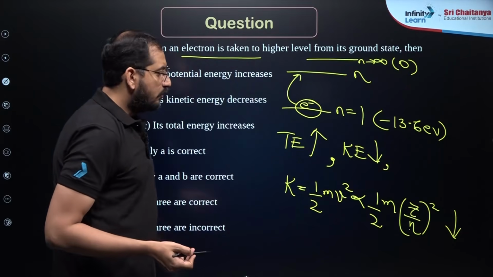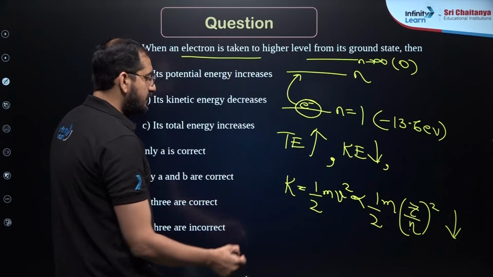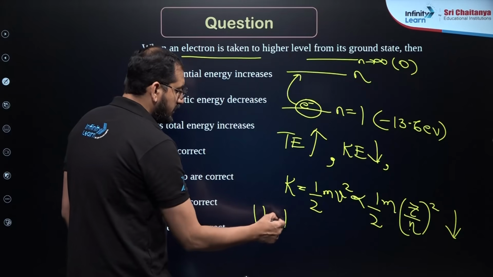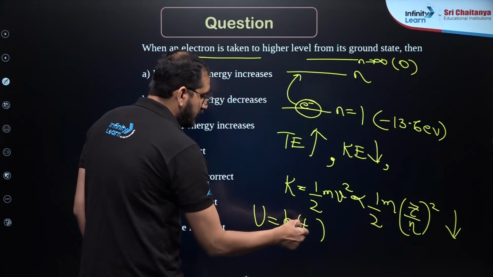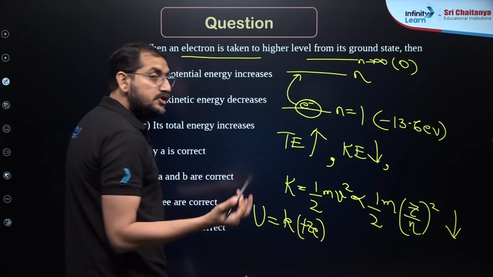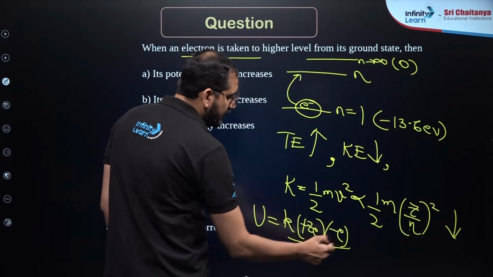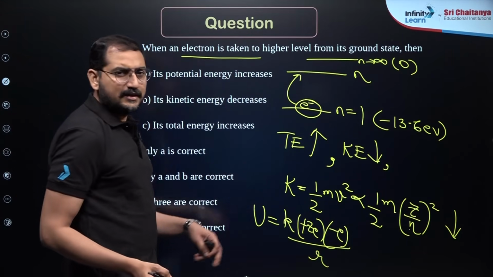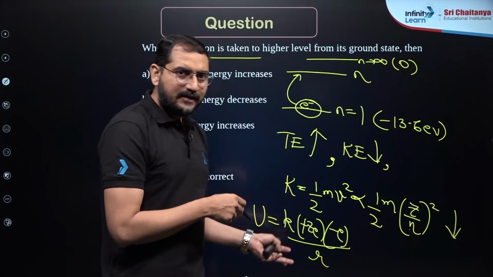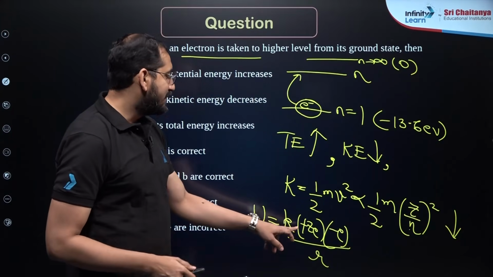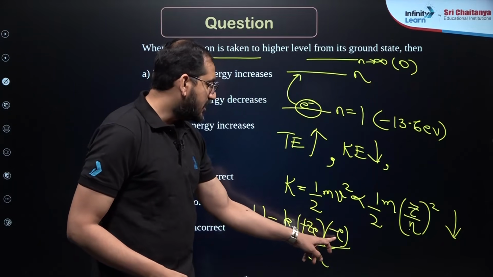What about the potential energy? In the potential energy, the charge on the nucleus is plus Ze, and the charge on the electron is minus e, divided by distance r. This type of question already came. We know that there are opposite charges, unlike charges.